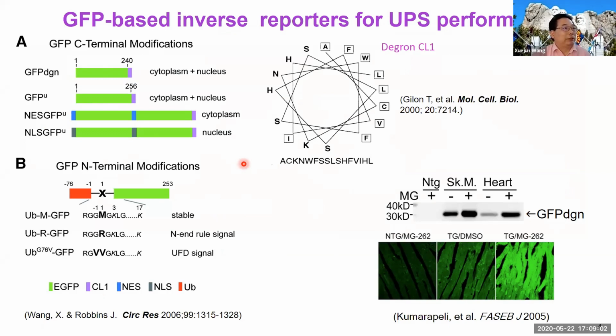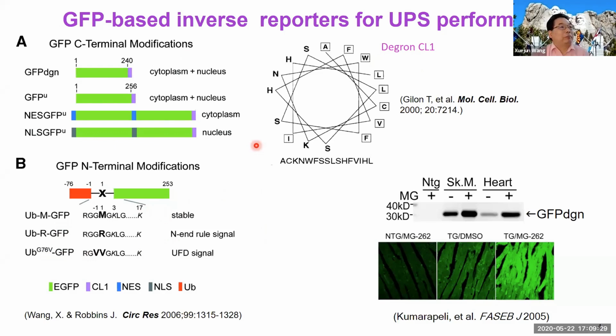These are fluorescent proteins, primarily GFP, that can be fused at the carboxyl terminus with a degradation signal sequence, such as degron CL1, a ubiquitination signal sequence, or a modified N-terminal amino acid and then fused with a modified ubiquitin. All are being used in various research.